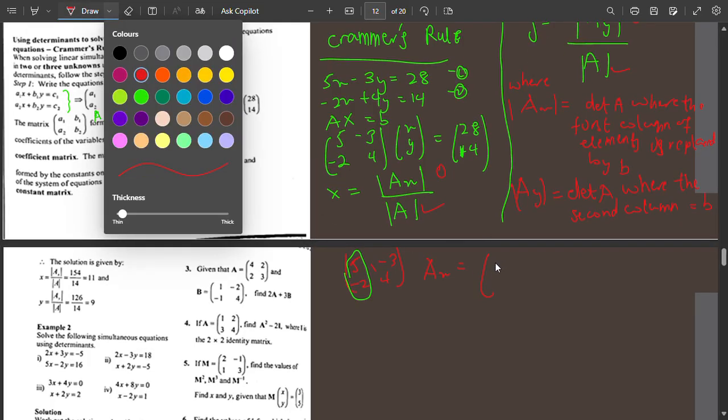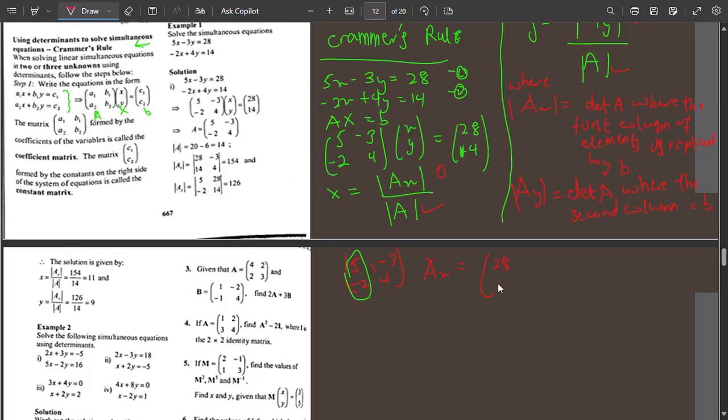So that would be 28 and 14, then we'll have the rest as minus 3, 4. That's Ax.